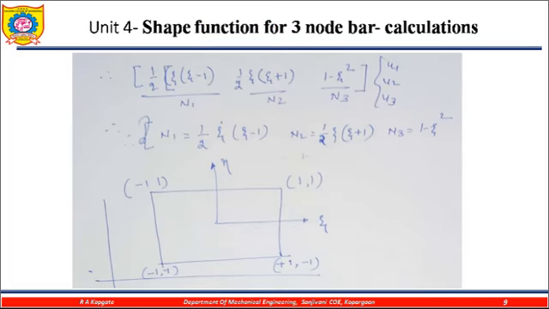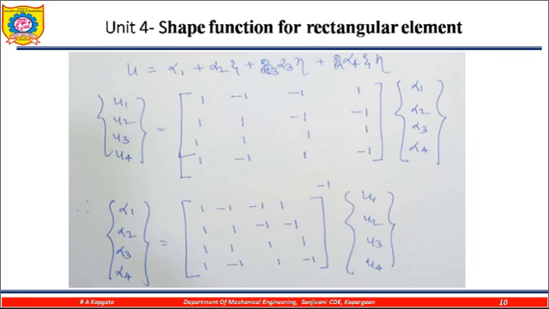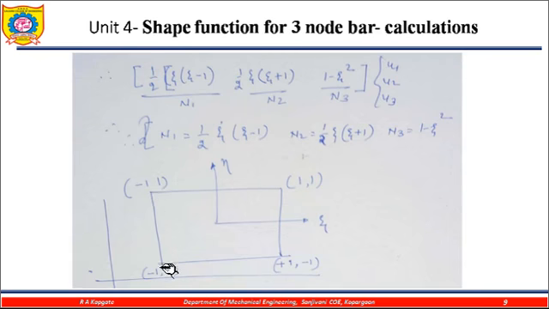Now let us move on to shape function calculation for the rectangle. This is my element. There are four nodes: node 1, node 2, node 3, and node 4.